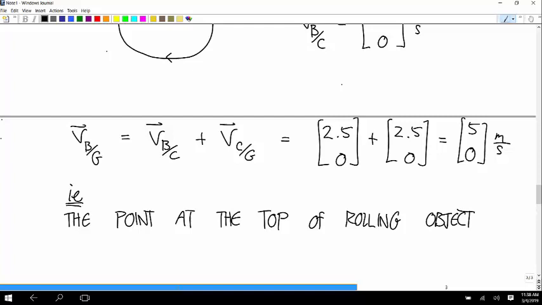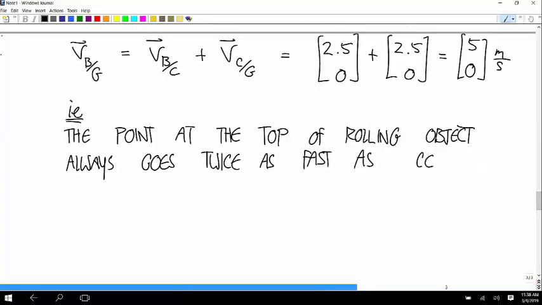The point at the top of a rolling object always goes twice as fast as the center. So if you're riding your bike at 10 miles an hour, the top of each wheel at every instant is going 20 miles an hour in the same direction that you're going.